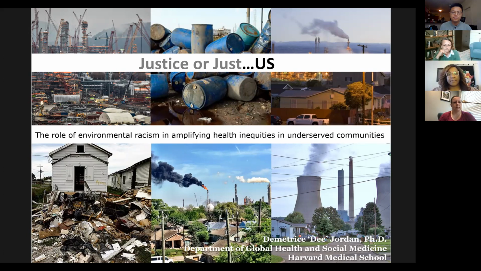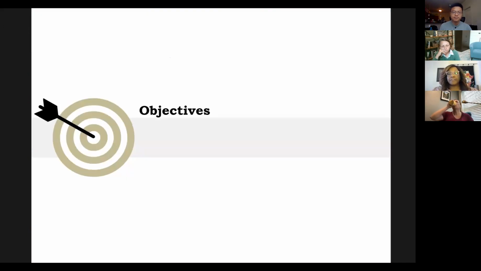This particular talk is titled Justice or Just Us: The Role of Environmental Racism in Amplifying Health Inequities in Underserved Communities. The flow of my talk today will be an introduction to the concept of environmental racism and health inequity in underserved communities.